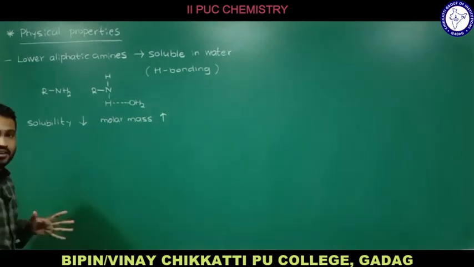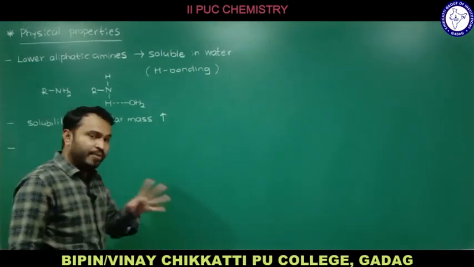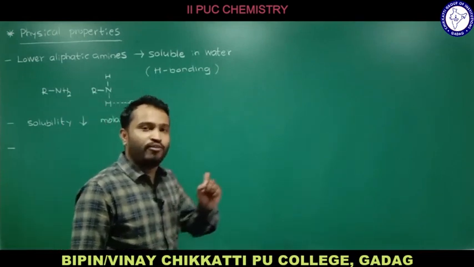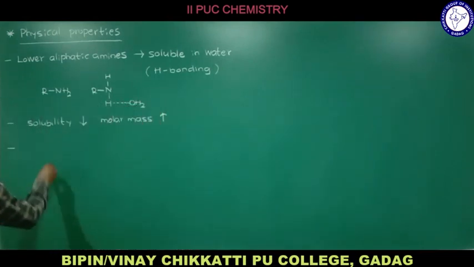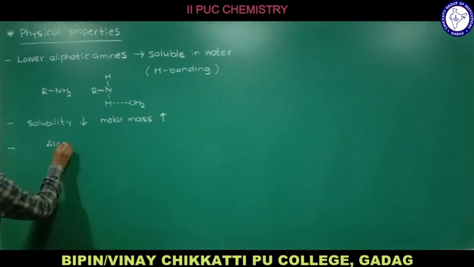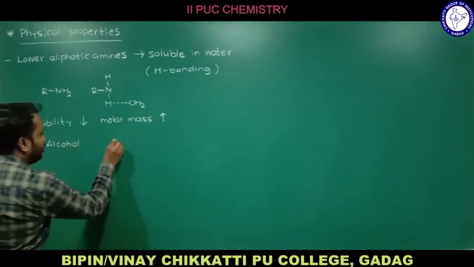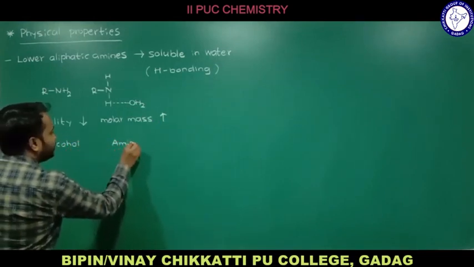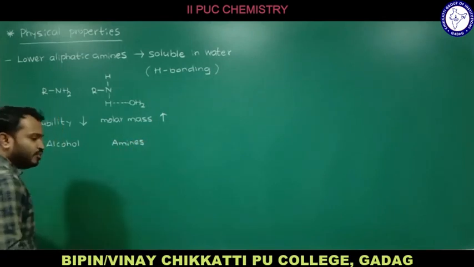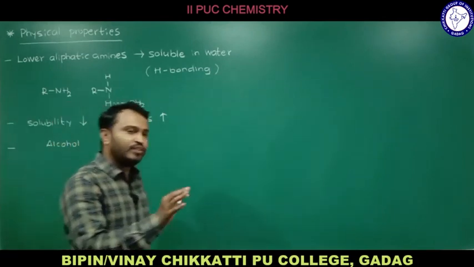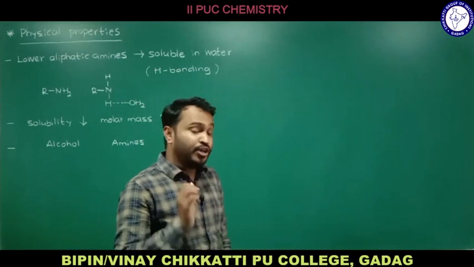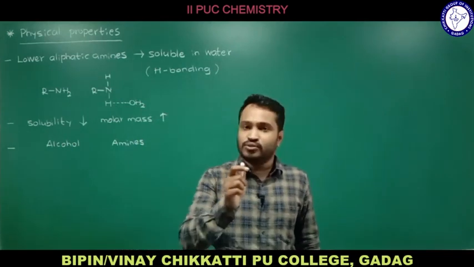Now we will compare the solubility of amines with the solubility of alcohols. Let me consider alcohol and compare its solubility with the amines. As we know, alcohols are soluble in water, and amines are also soluble in water.